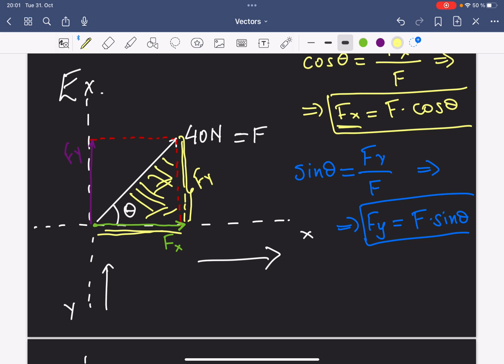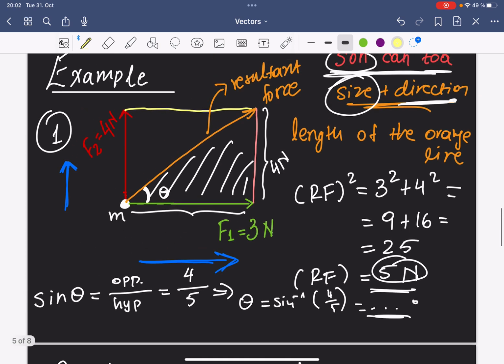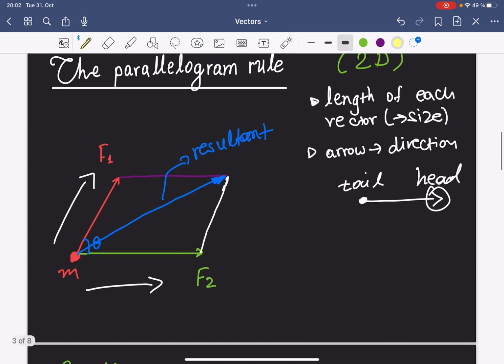And for GCSE and IGCSE level, you will be focusing only on angles of 90 degrees, so on two forces that have between them an angle of 90 degrees. And what I mean by that is, in the previous example that we saw in the video before, this angle theta was smaller than 90 degrees, as you can see.